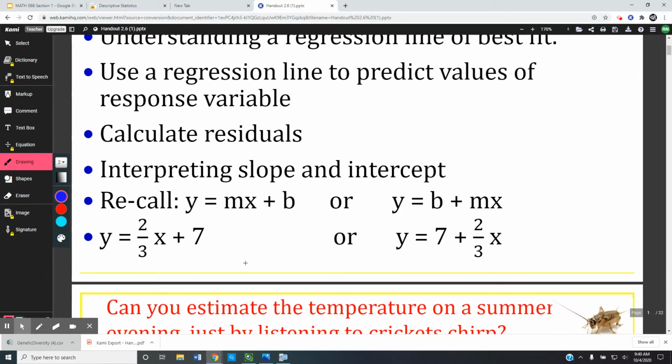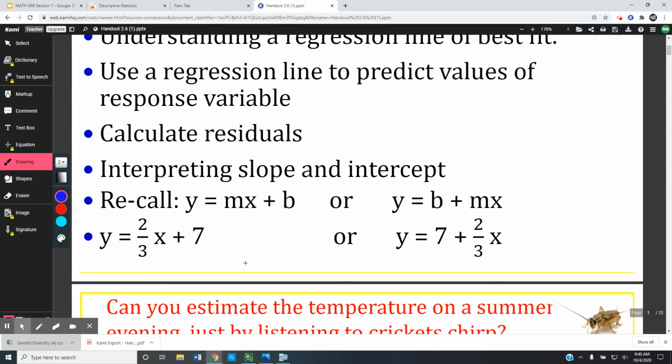You're going to have to make a little bit of recall from your previous days of mathematics, middle school, high school days, where y equals mx plus b was very much in the forefront of what you were doing. So for instance, in y equals 2/3 x plus 7, the slope would be 2/3 and the y-intercept would be positive 7.